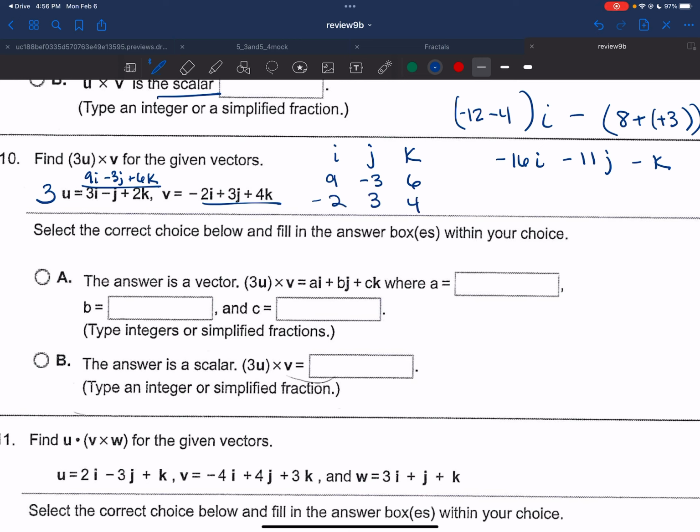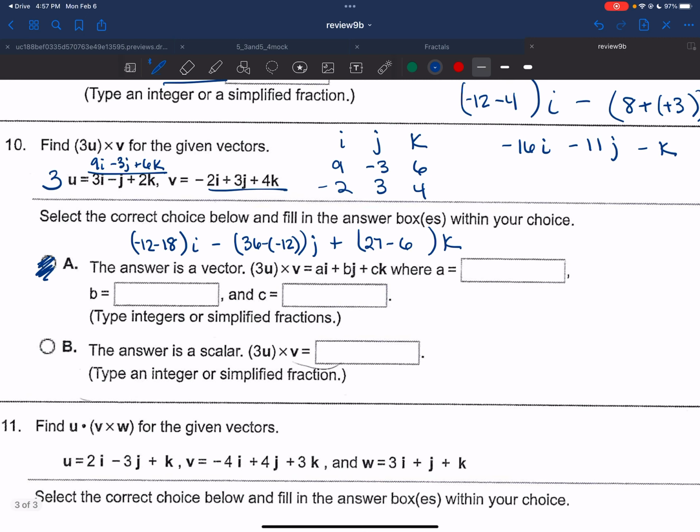And so i, j, so -12 minus 18, and then we have 9 times 4 is 36, minus a -12, and then we have 27 minus positive 6. So this is a cross product, so it's going to be a vector.